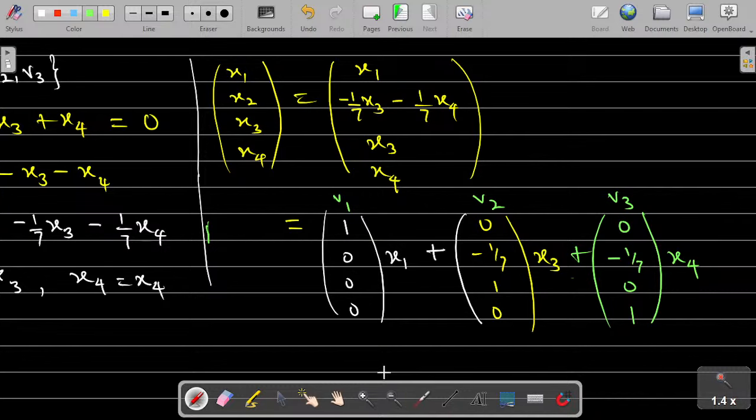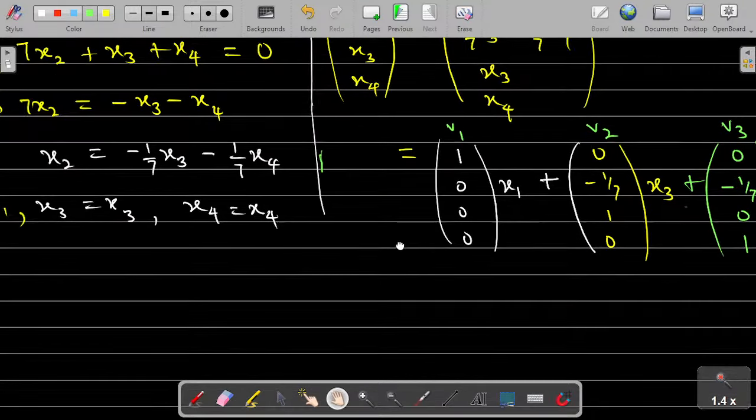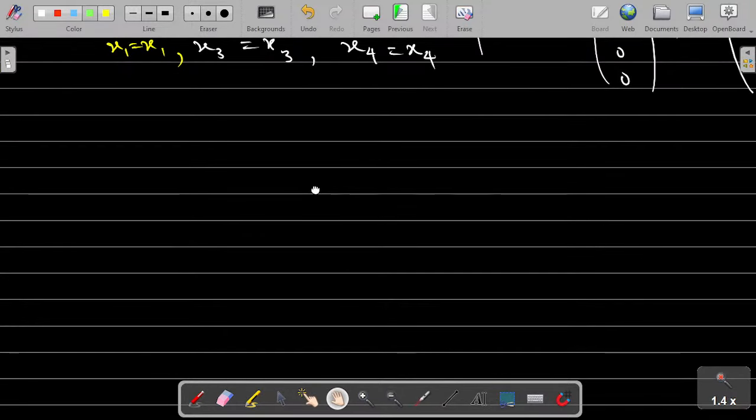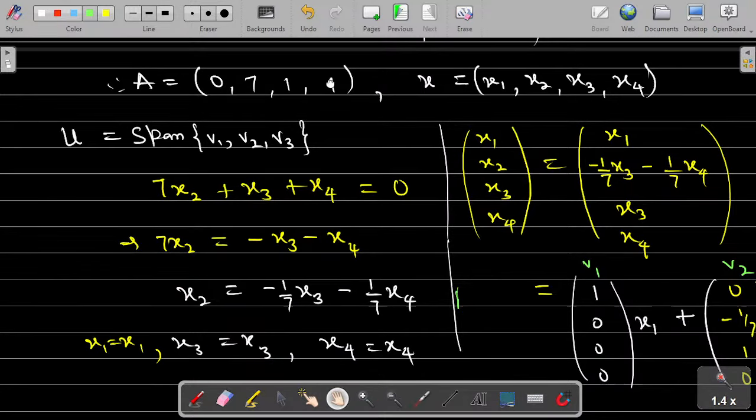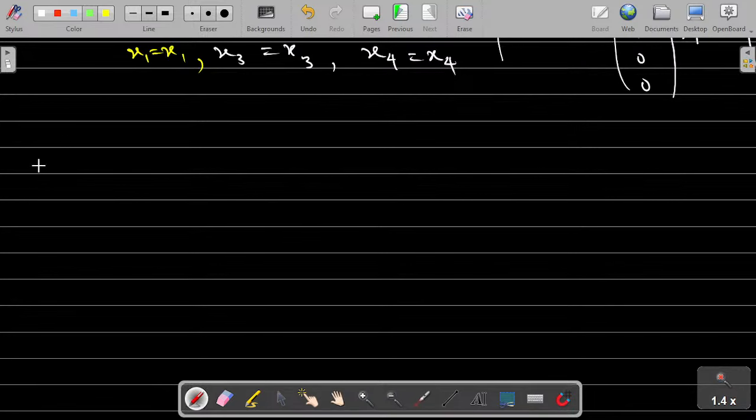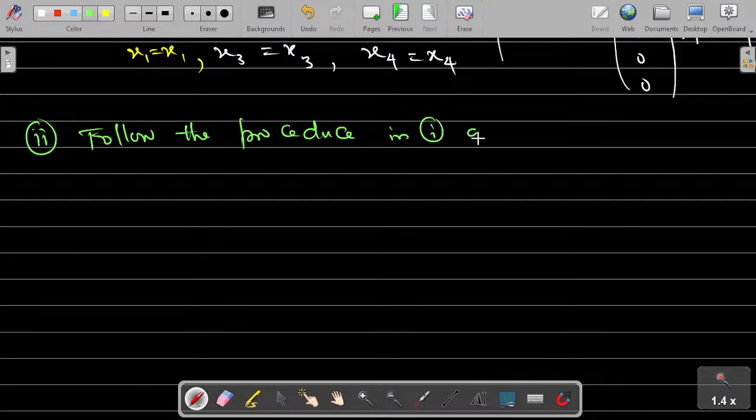So we are now doing the second one, to get the dimension of v. Of course, we'll follow the same process we followed for the dimension of u. It's just that it was not properly numbered. So they said we should follow the procedure in I above. That's what we want to do.